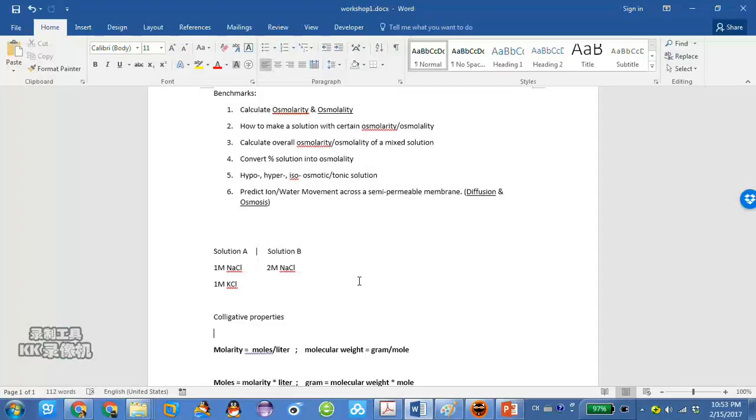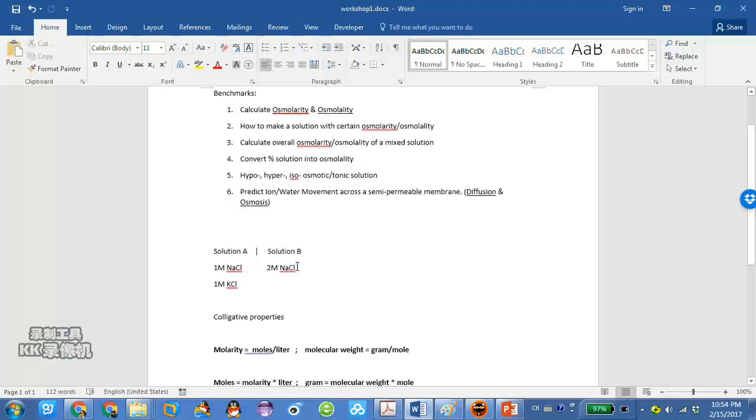Because you know that if you want to look at the process of diffusion, you only look at the concentration of the specific particle that you're looking at. For example, if you want to look at the diffusion of sodium ion between solution A and solution B, you should look at the concentration in solution A, which is 1 molar. The concentration of sodium in solution B is 2 molar.